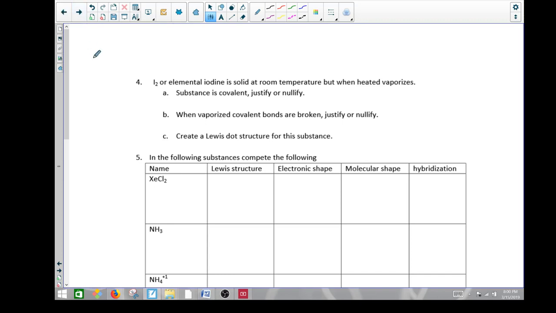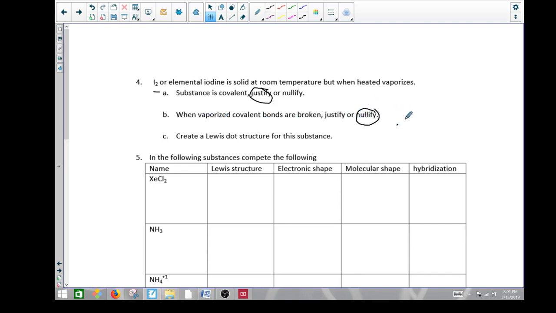All right, I2 or elemental iodine is solid at room temperature, but when heated, it vaporizes. Substance is covalent, justify or nullify. That's a justify. All nonmetals is covalent. When vaporized, covalent bonds are broken, justify or nullify. That's a nullify.